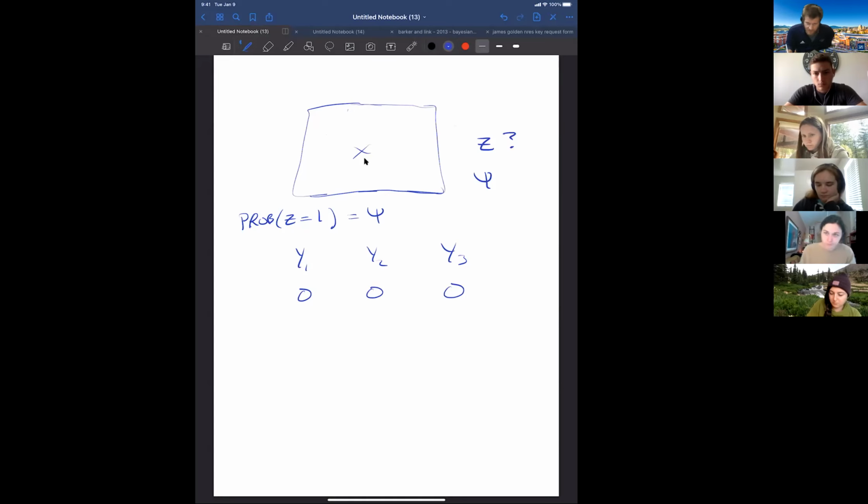But we know a little bit more about this site here. In general, the probability that the site will be occupied based on information from all of our other sites is psi. But we also know that we went here 3 times and we didn't see it any of the times. So that's extra information we're incorporating.